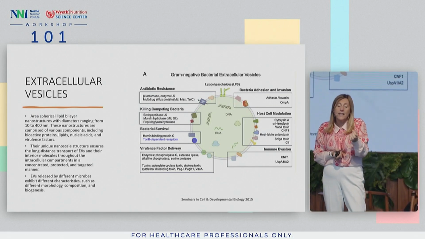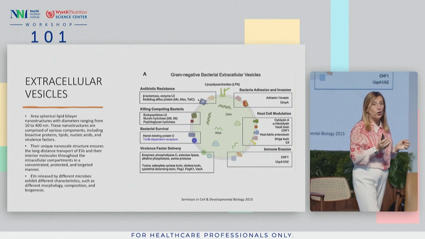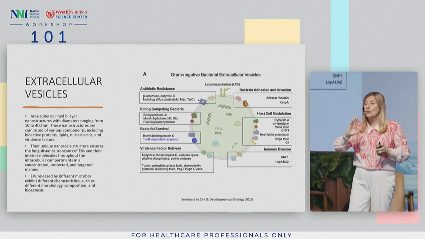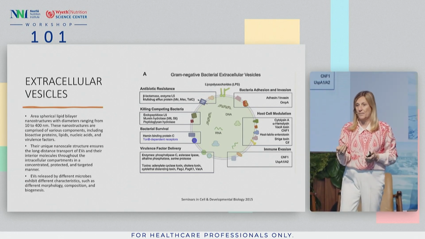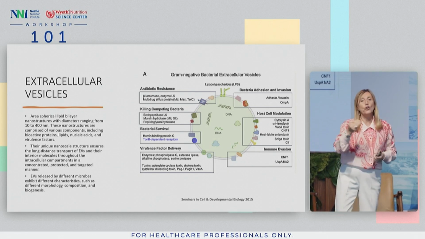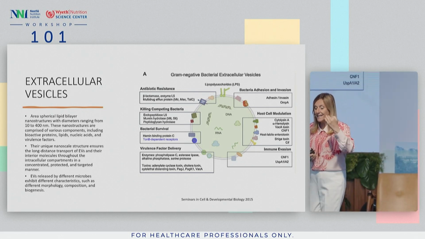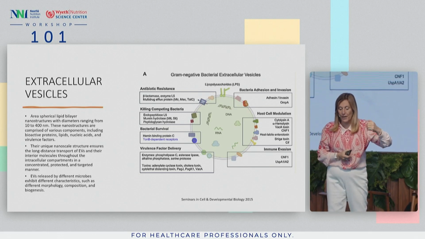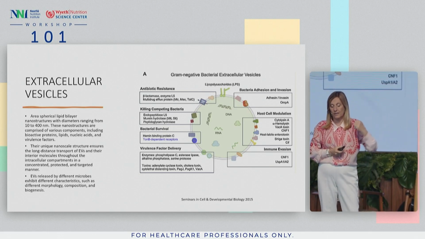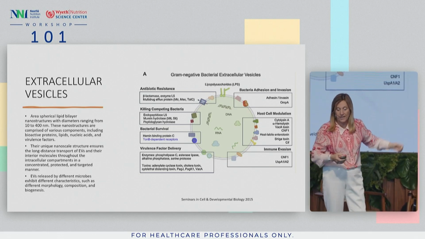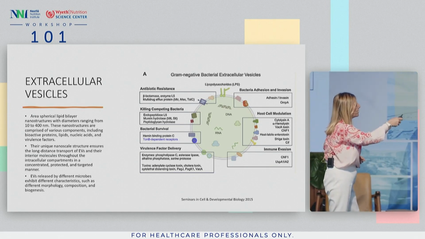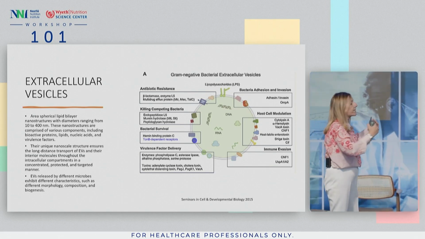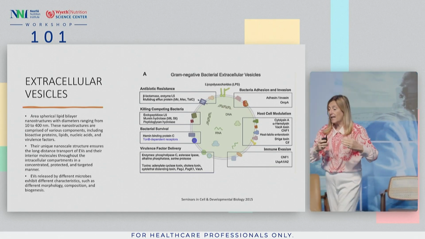Their tiny size allows the extracellular vesicle to enter the cells and to carry a lot of substances. They have the possibility to transmit antibiotic resistance, kill competing bacteria, and deliver virulence factors, as you can see, and they are released differently by different microbes.